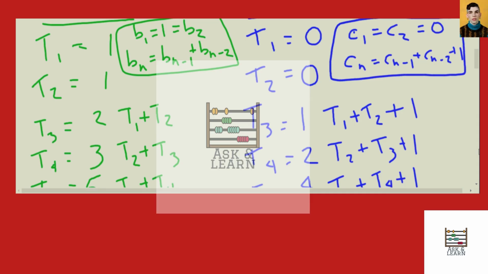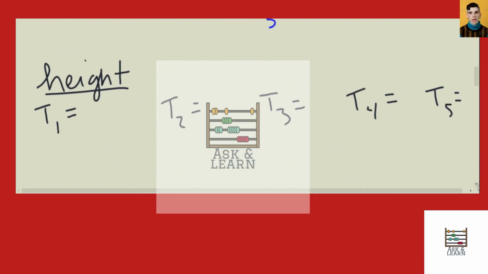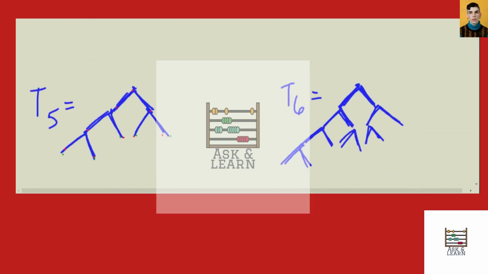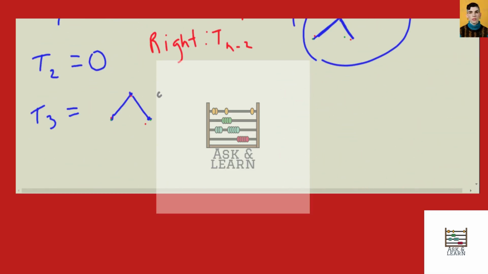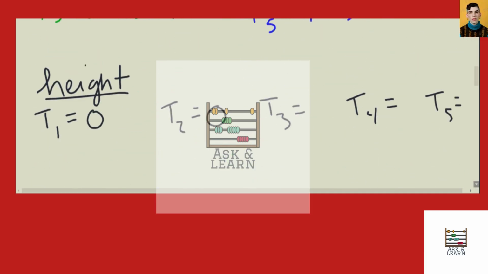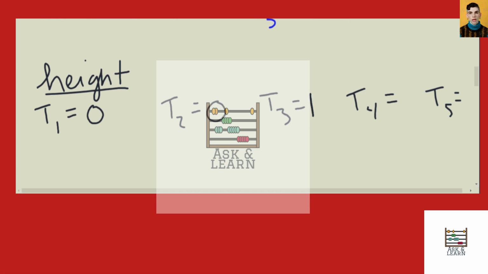And then last but not least, we want to figure out the heights. T1's height is obviously going to be 0, and T2 as well, because they're just single vertices. If we look at T3, we have the 0 level and then the 1, so this height is going to be 1.